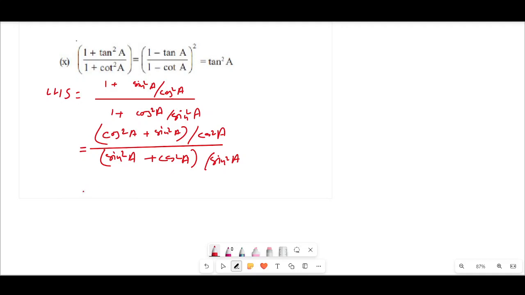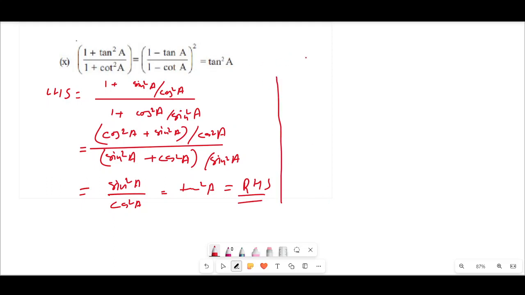Then this will be cancelled out because it is 1 as well. If we look at the numerator and denominator part, then it will become cos square A and it will become tan square A, which is the right hand side. Clear?